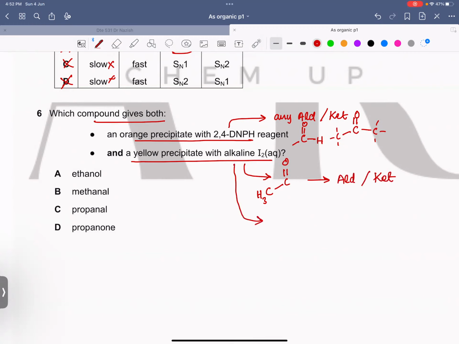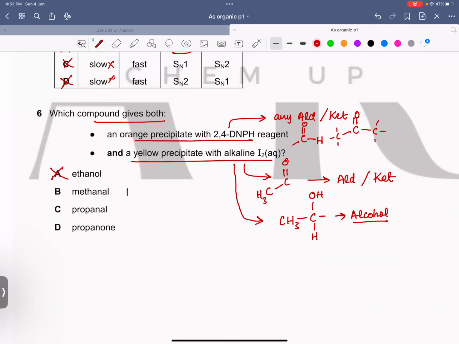And for alcohols, any alcohol which has a CH3 and on its neighboring carbon there is an OH and at least one hydrogen, then that kind of alcohol would give this test positive. So alcohols are not going to give the 2,4-DNPH test positive. That's why if there is an alcohol, that goes wrong. Okay, so A is not our answer.